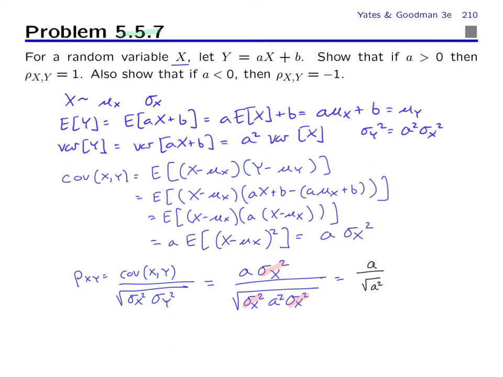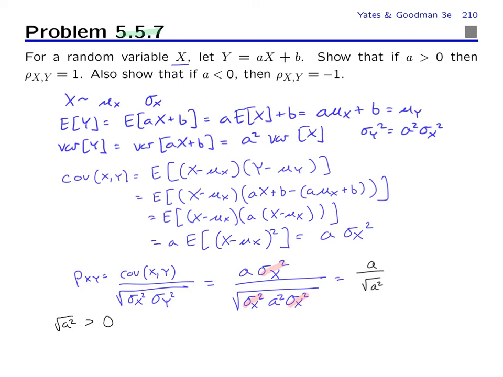a squared. And this is where we have to be careful because the sign of a matters. In all cases, whether a is less than 0 or greater than 0, the square root of a squared is greater than 0 because a squared is positive and we always take the positive square root.